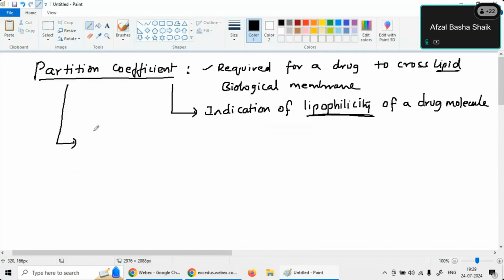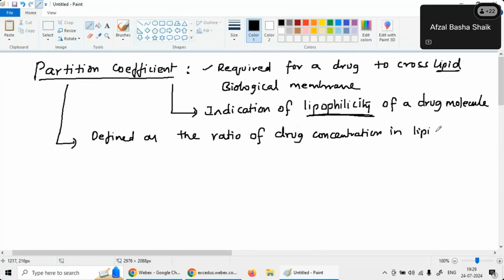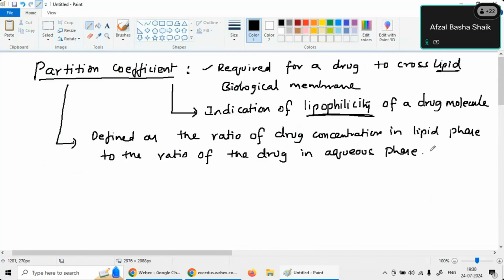Partition coefficient is defined as the ratio of drug concentration in the lipid phase to the drug concentration in the aqueous phase.